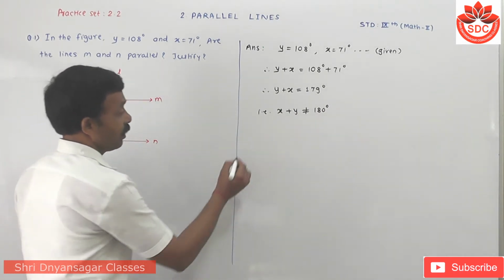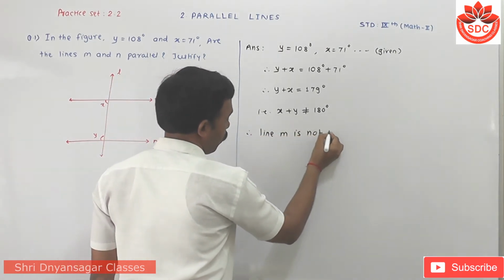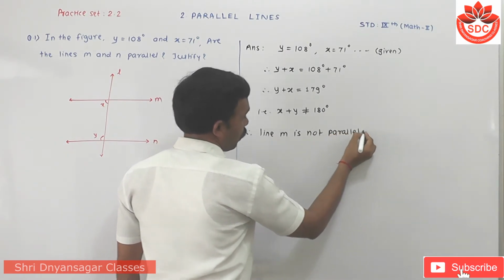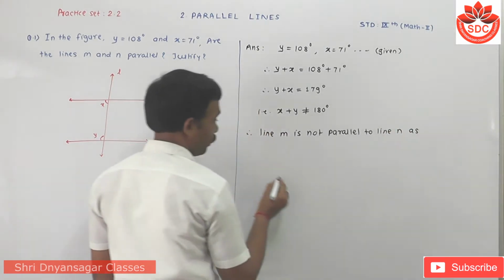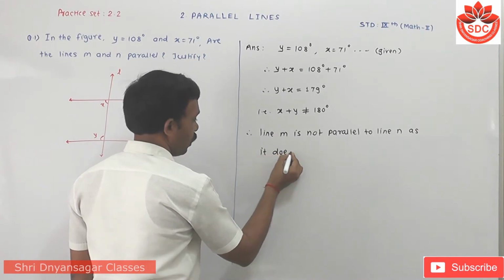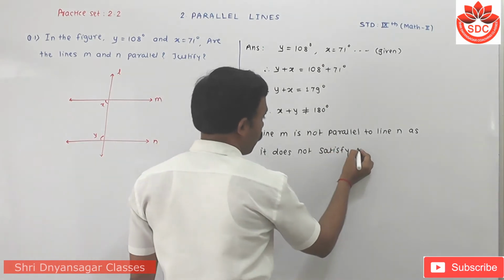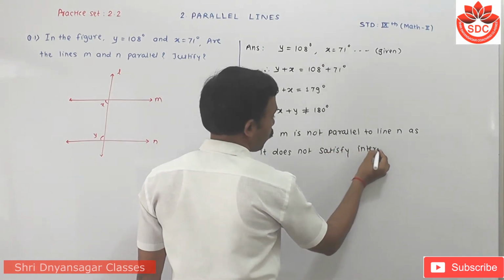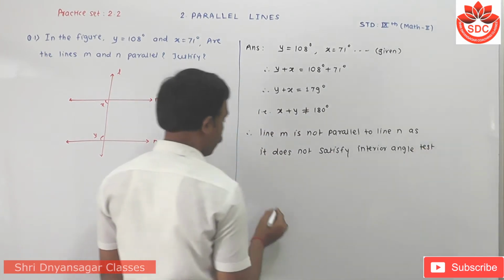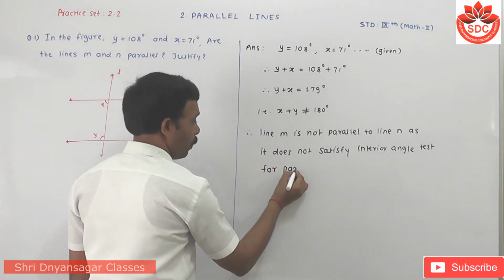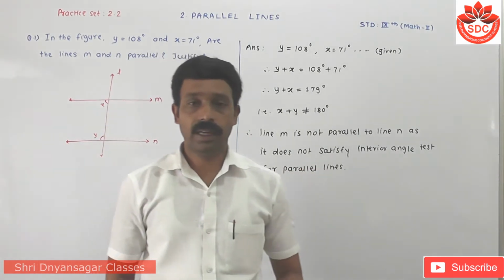So the justification is that therefore line M is not parallel to line N as it does not satisfy the interior angle test for parallel lines. Okay, we take the next question.